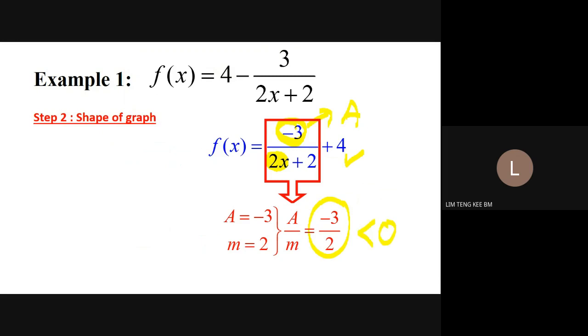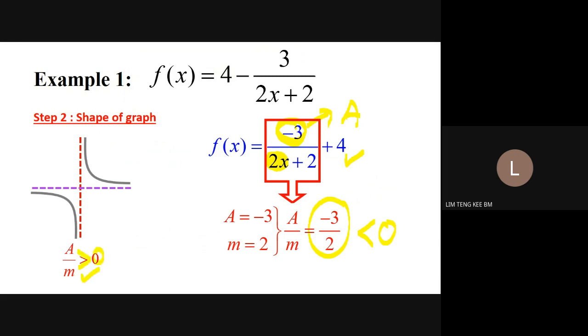So from there, how are we going to decide the shape of our graph? Once again, for the shape of each type of function, we just need to remember one of the cases. The other cases just follow through. For example, in the case of reciprocal, I remember the case of A divided by M greater than 0.